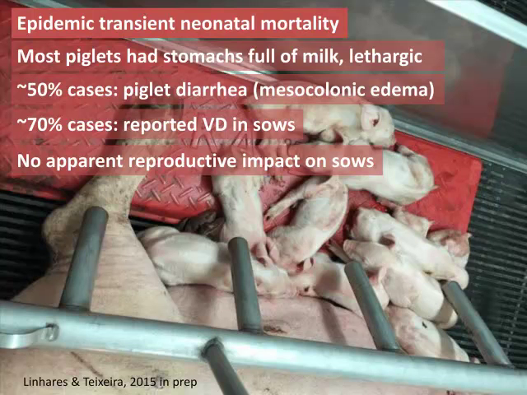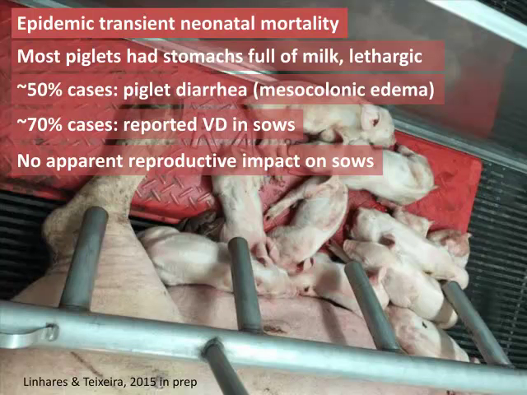We could see that most of the piglets that were dying had their stomach full of milk, some 85%. It's really consistent. Different investigators assessing found some 85% of the piglets have the stomach full of milk. Piglets become just like that in the picture: lethargic and dehydrated.